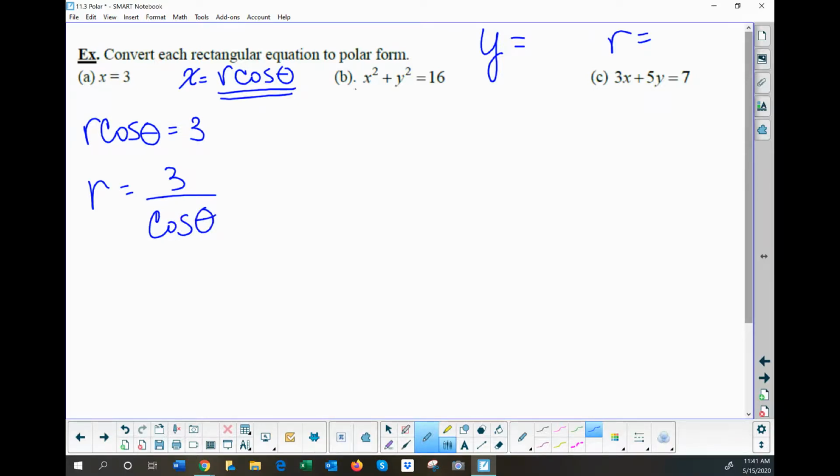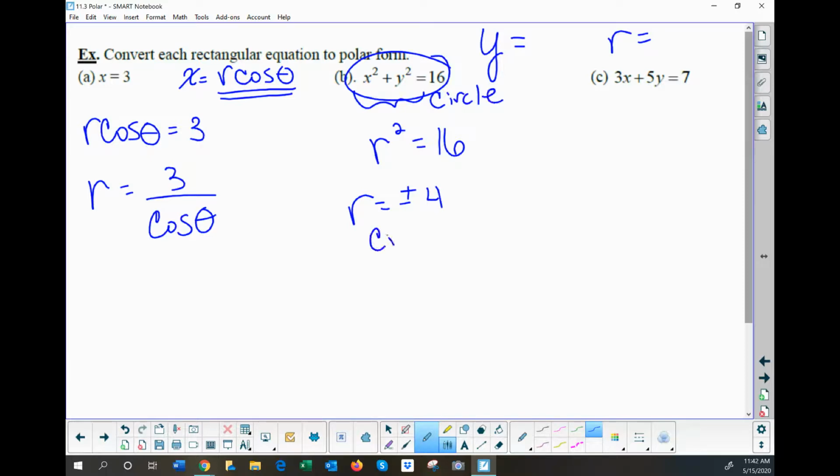Next one, if you look back, we knew that x squared plus y squared was r squared. And we really can have r being positive or negative. And what does that end up being? Well, we recognize this as a circle, correct?